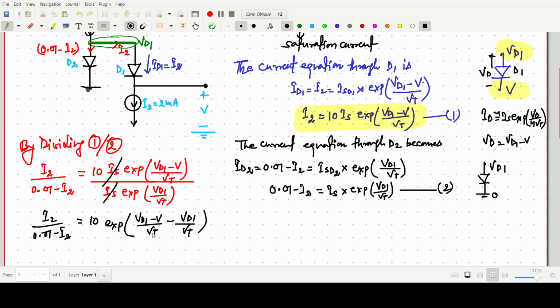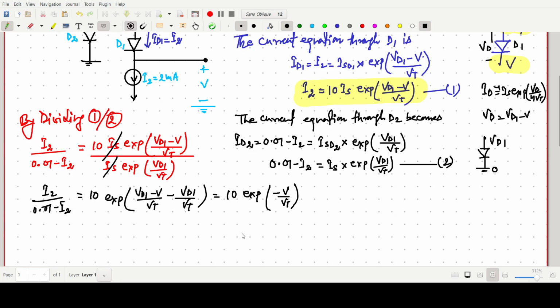This will be 10 times exp of minus V by VT, because a minus b minus a, so this will be cancelled out.